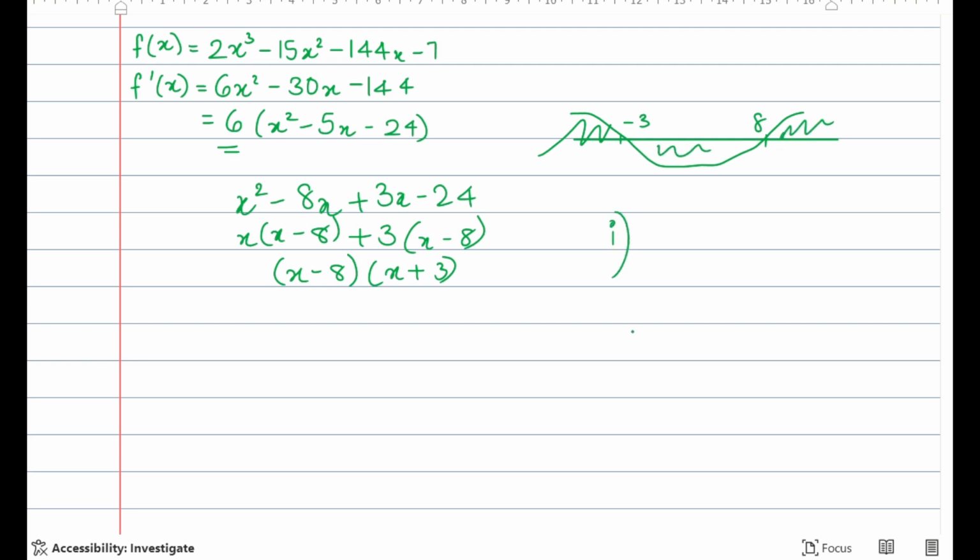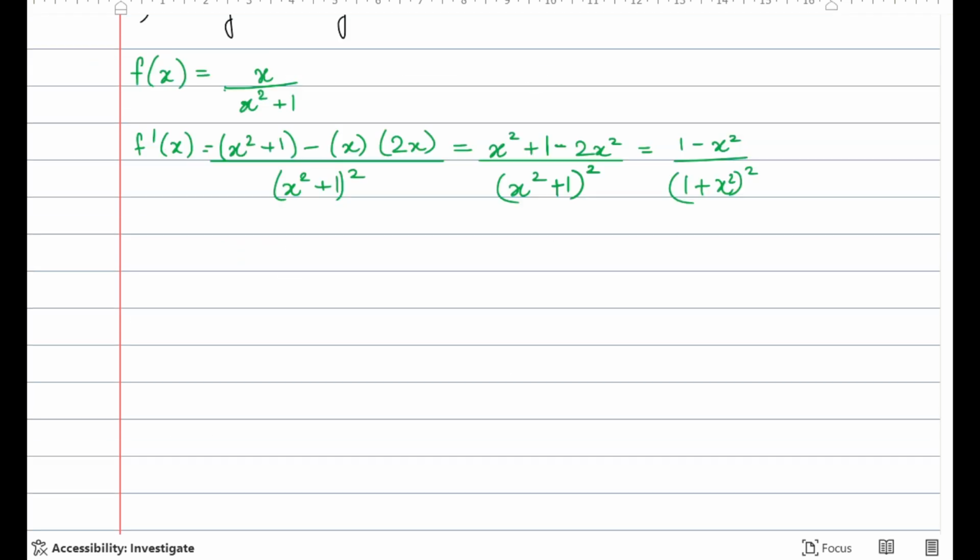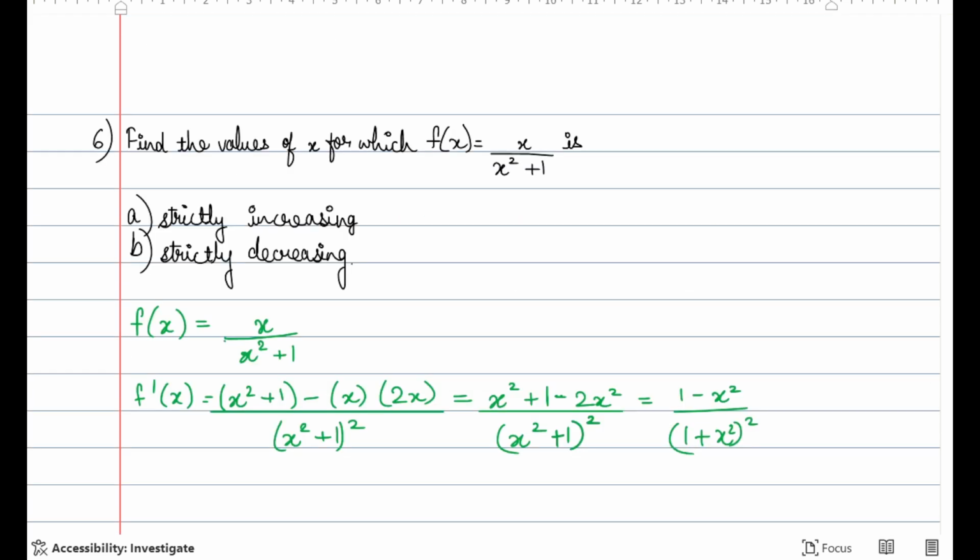So the first one, which is increasing, is going to be minus infinite comma minus 3 union 8 comma infinite. The second part is going to be minus 3 comma 8. Very well. Moving on to question number 6, which is the last question.